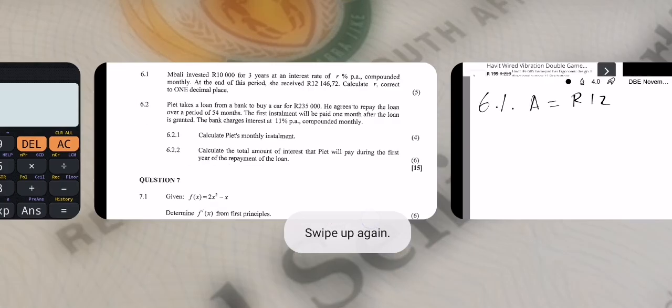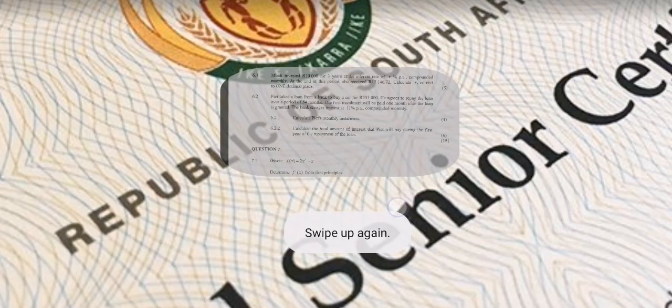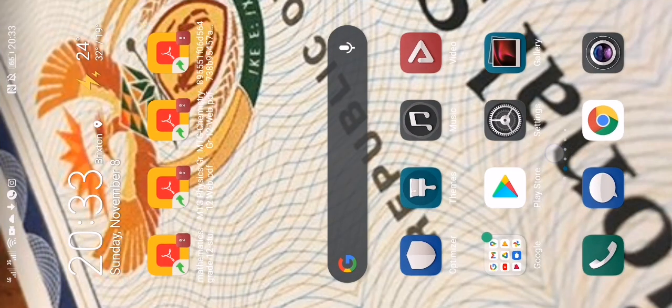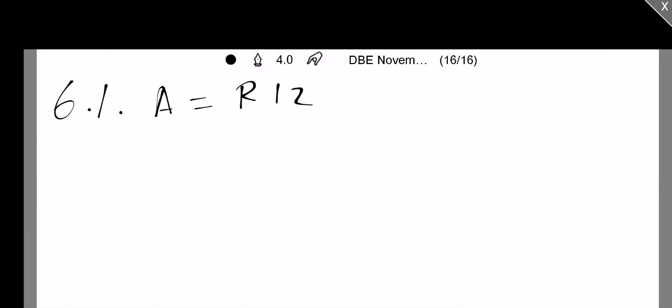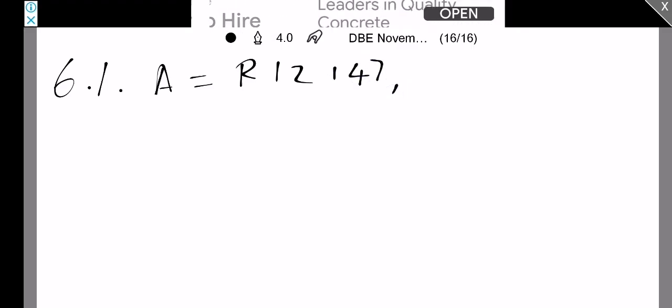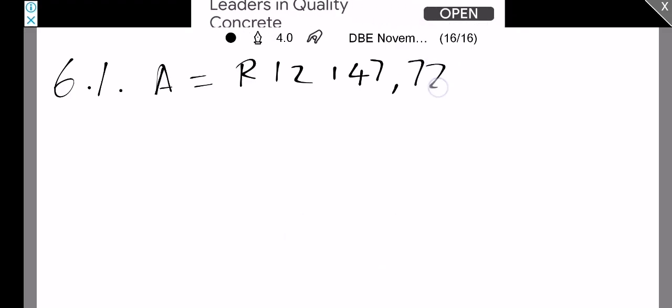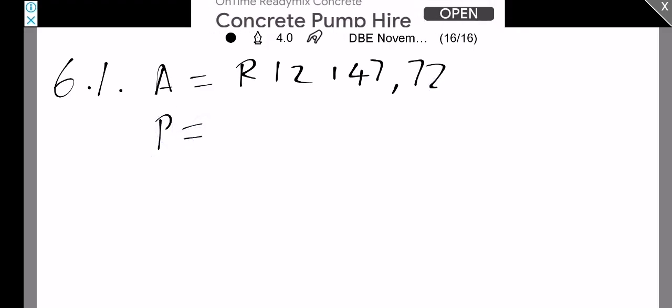Let me just go back to confirm. 12,147 and 72 cents. Yes, it's 72. P equals 10,000.